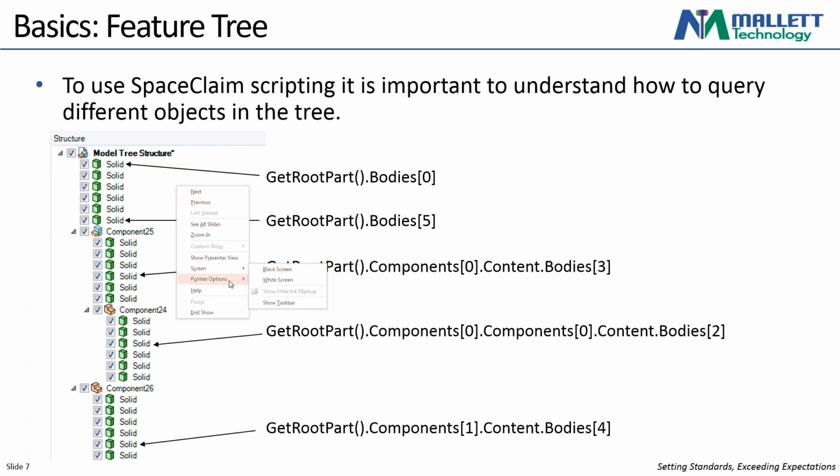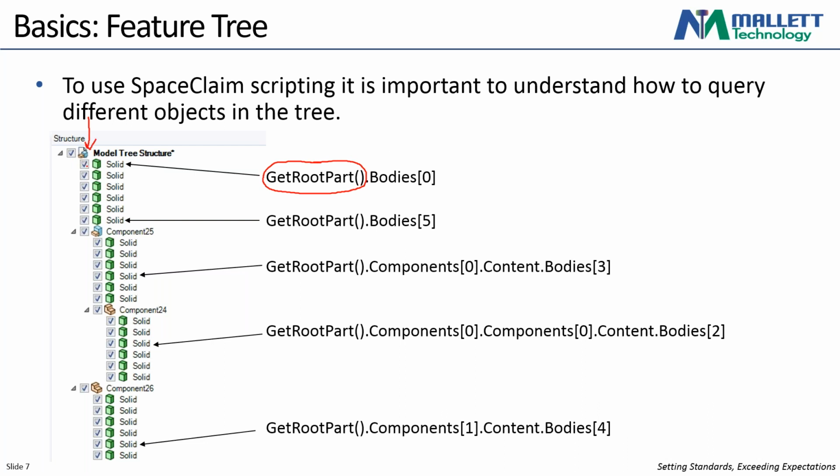Then the next part is how do you access the individual parts? There's the first command snippet, get root part. Get root part pulls information from this top level. So if you ever have any bodies sitting in this top level of the tree, that's what get root part is referring to.